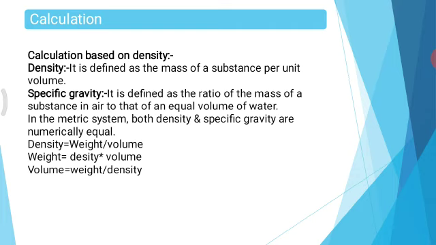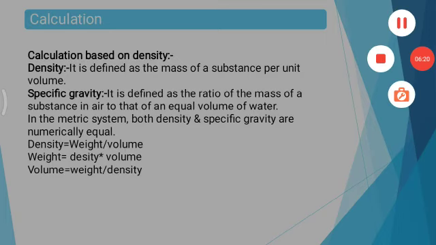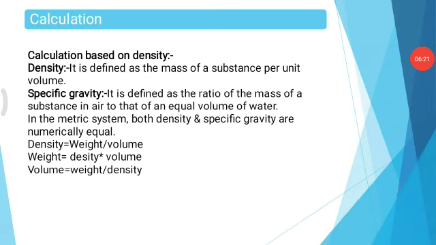The equations for calculating density, weight and volume are as follows: density equals weight upon volume; weight equals density into volume; and volume equals weight upon density. On the basis of these equations, you will solve some examples.